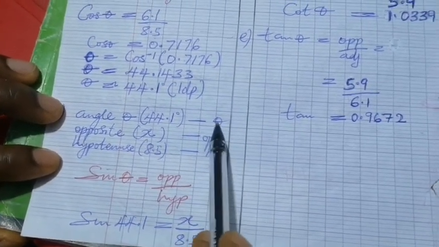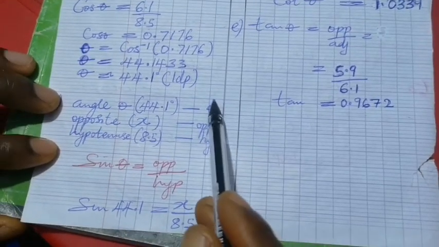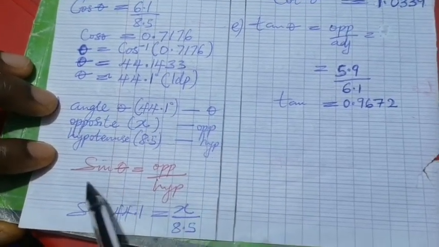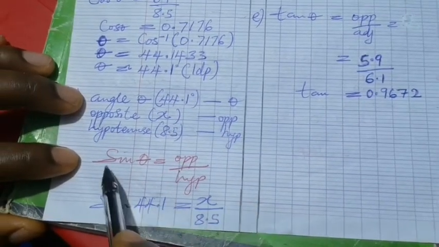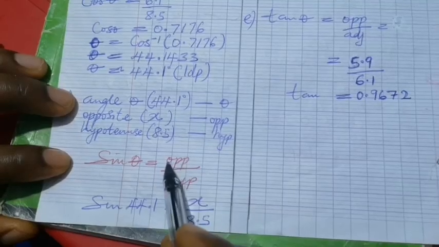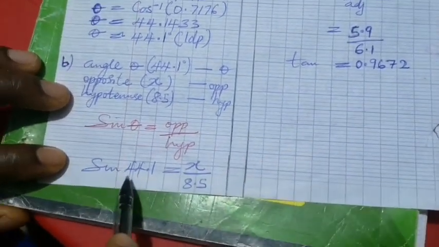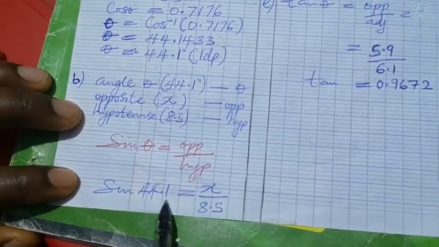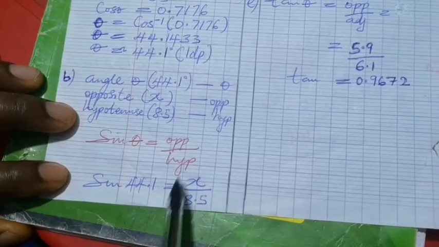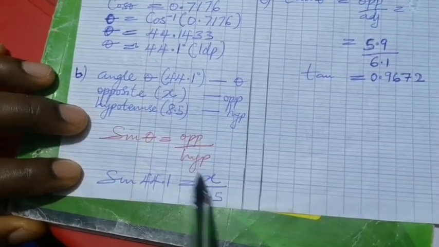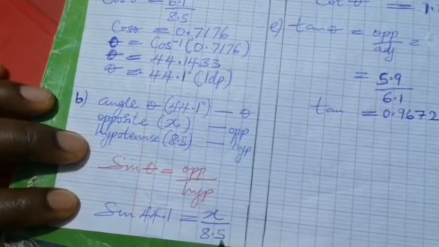So since we have theta, opposite, and hypotenuse, the acronym that has these three things is sin theta, okay, which is SOH. So sin theta is equal to opposite all over hypotenuse, okay? Now remember that our theta is now 44.1, so we now write sin 44.1 is equal to our opposite, which is now x, all over 8.5, which is our hypotenuse, okay?